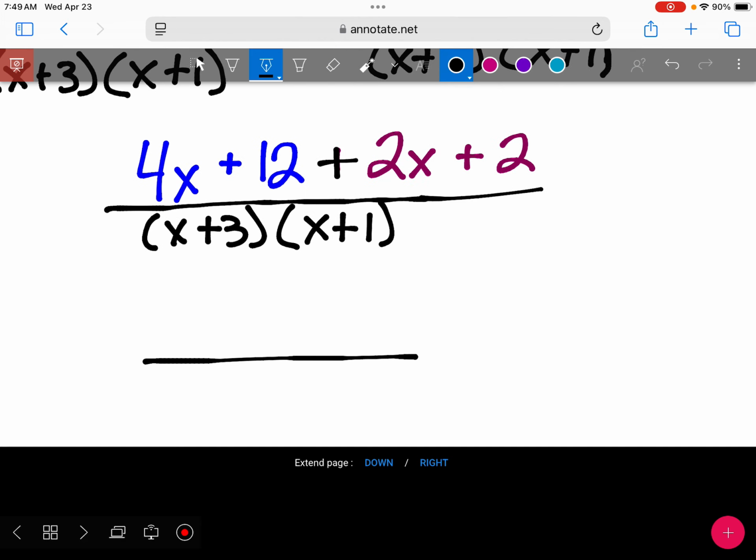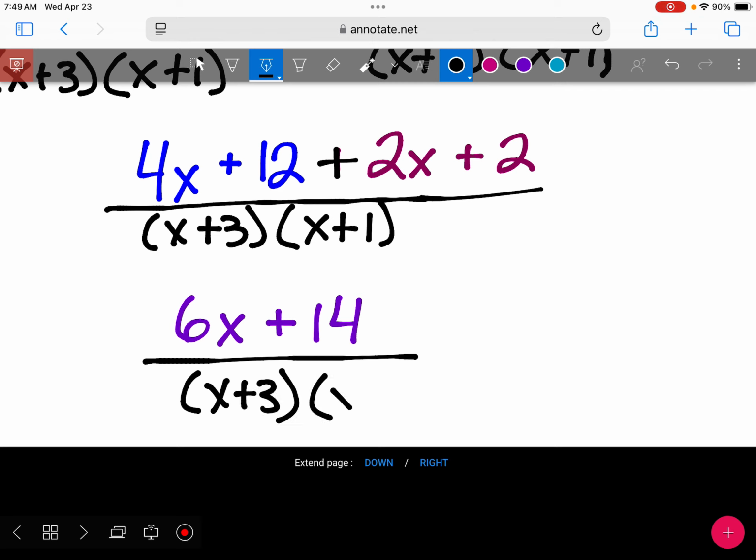So we get 6x plus 14 for our x plus 3 times x plus 1. They have a greatest common factor of 2.